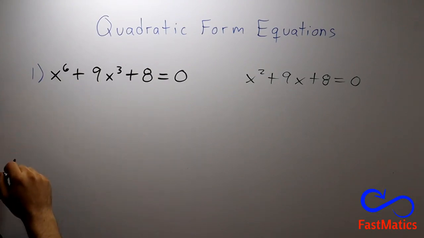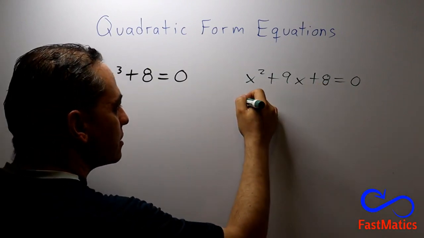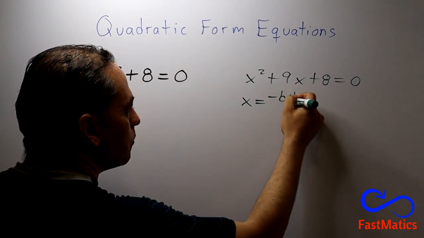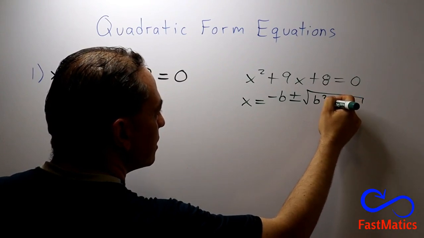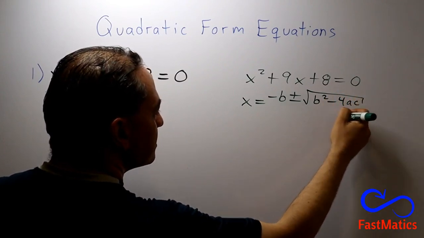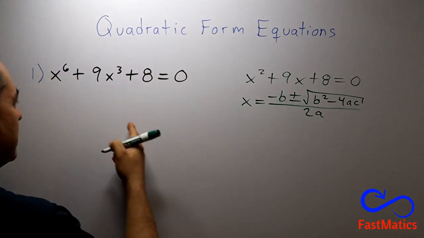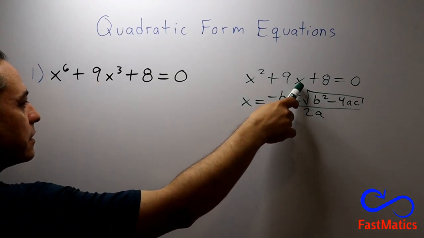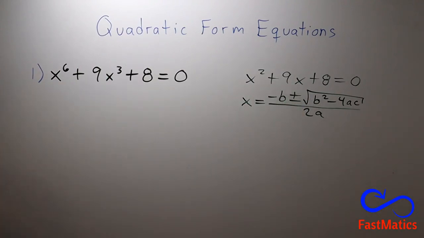Let's go, please. Remember that the quadratic formula for this equation is x equals negative b plus or minus the square root of b squared minus 4ac, divided by 2a. In this case, if you think a little bit, here the x, here the x to the third power.